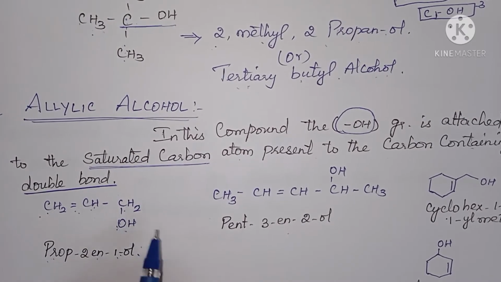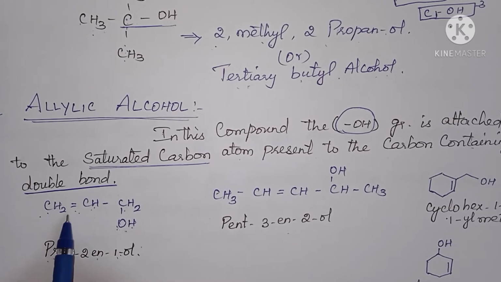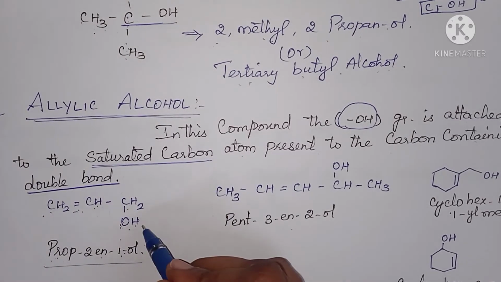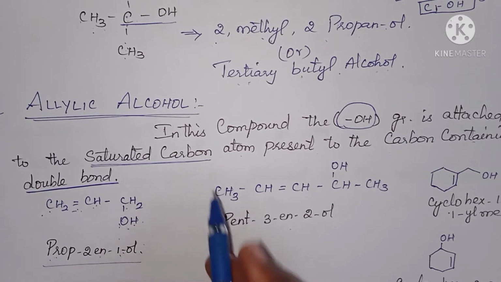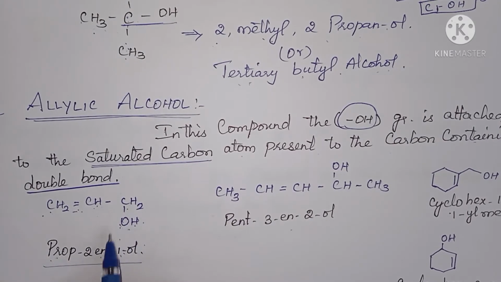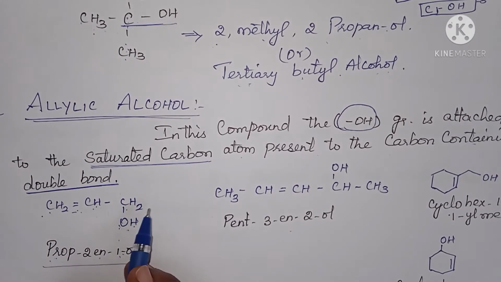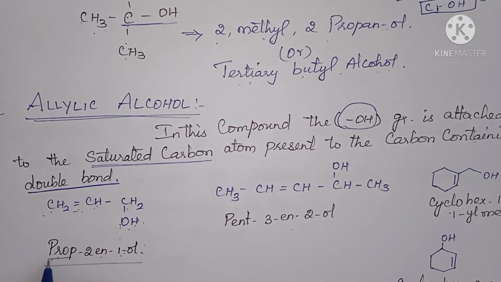Okay, propane, prop-2-en-1-ol. So we first have to find out where the OH group, that means the functional group, is attached. And then we have to find where the double bond is and how many carbons are there; all those points we have to check. So the first priority is for the functional group. Second priority is the double bond. And third priority is the number of carbons, so the number of carbons we always give first place.